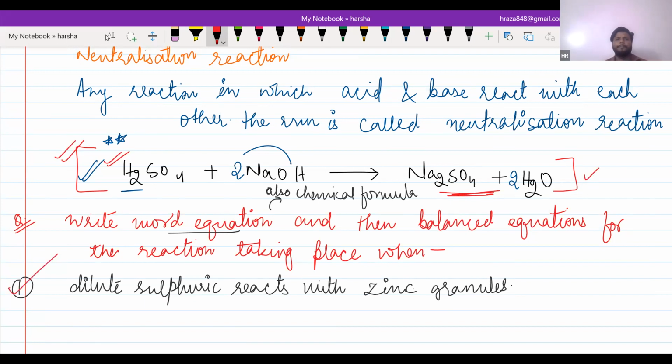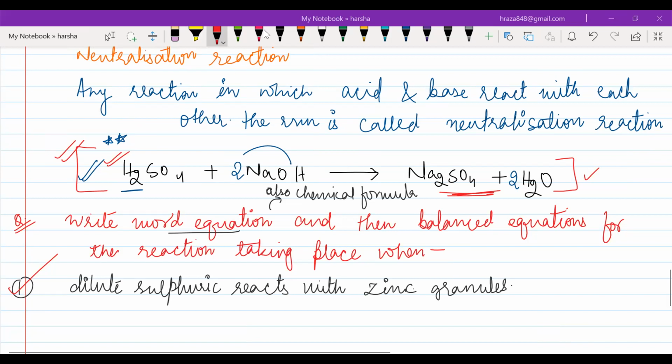Okay, please do this question. Will you be able to solve it, or should I explain it?